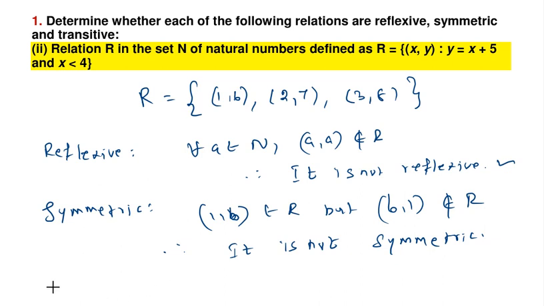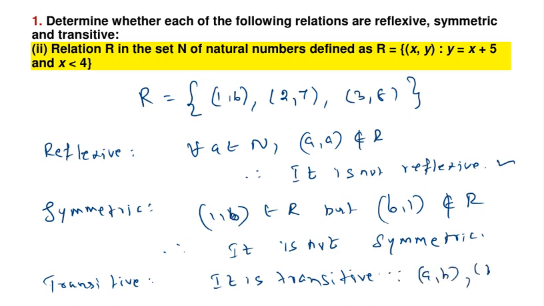Okay, and transitive. To discuss transitivity: for (1, 6), nothing starts from 6. For (2, 7), nothing starts from 7. 6 is an image and has no pre-image in anything; 7 is an image and has no pre-image elsewhere. So straight away we can say it is transitive. The reason is that (a, b) and (b, c) do not both belong to R. Without this, beyond doubt we can conclude straight away it is transitive.